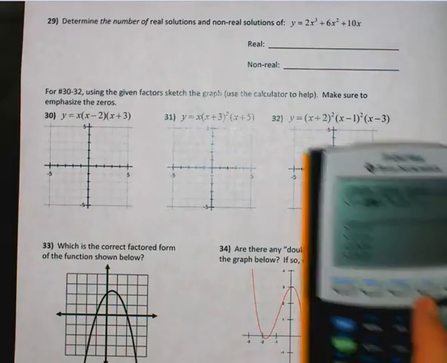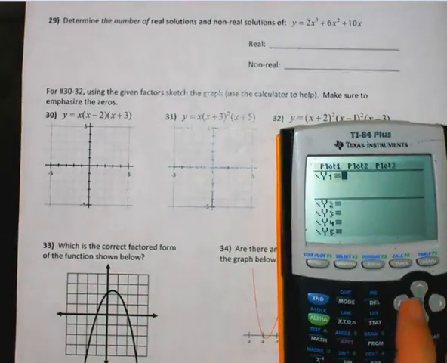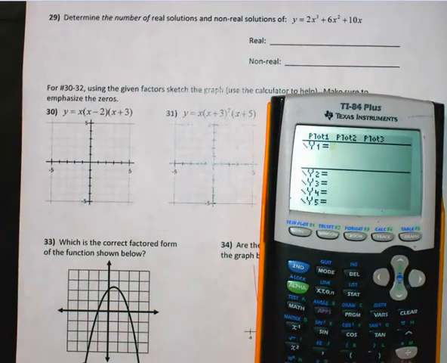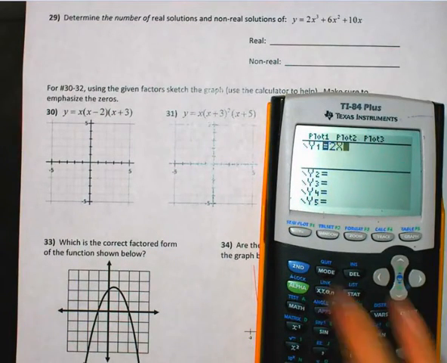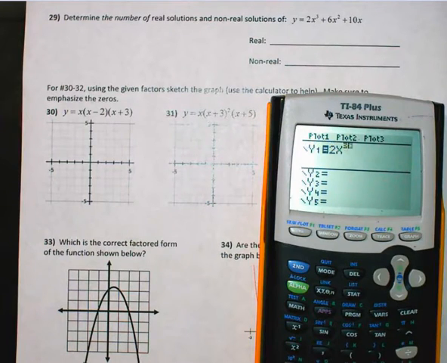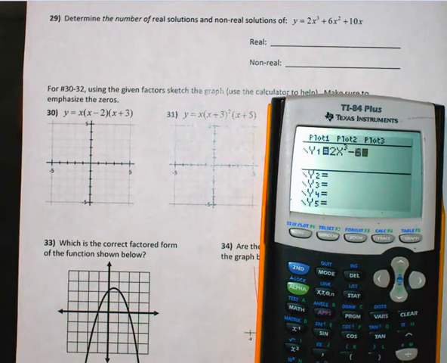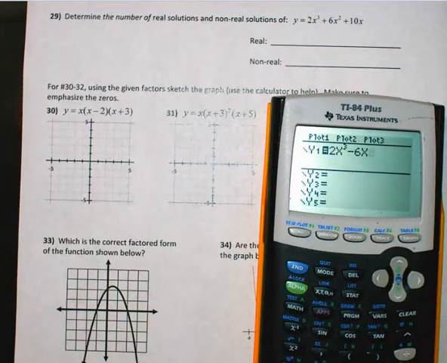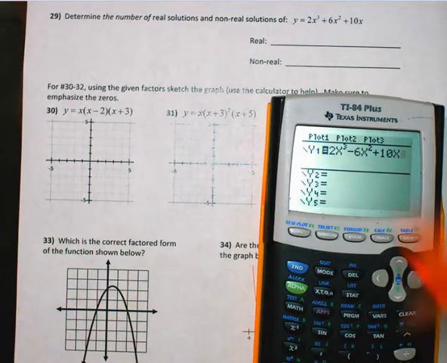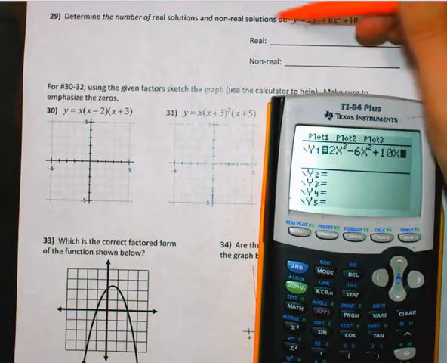Okay, number 29 says to determine the number of real solutions and non-real solutions. So very similar to what we were doing a second ago. So you're going to have to put this into the calculator. Okay, notice the degree of this is 3, so I have to have 3 total.